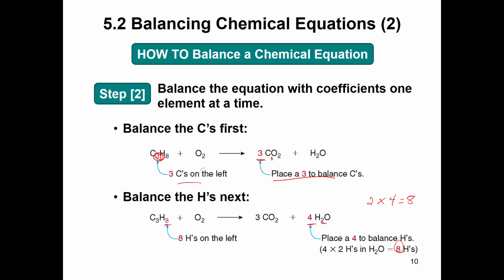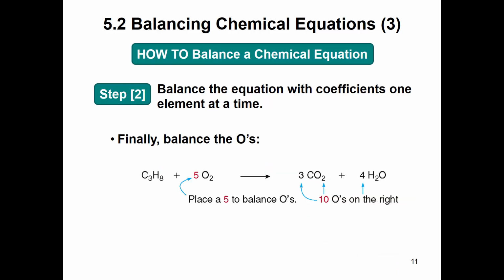Now I usually leave oxygen to last, especially if it's got an oxygen by itself, because now that I have put the 3 in front of the CO2 and the 4 in front of the H2O, I've got 8 hydrogens and 8 hydrogens and 3 carbons and 3 carbons.